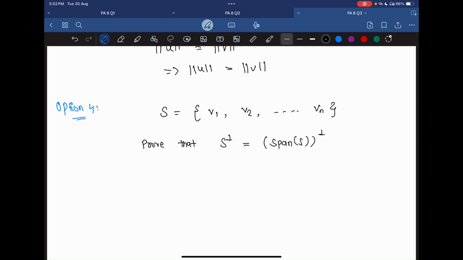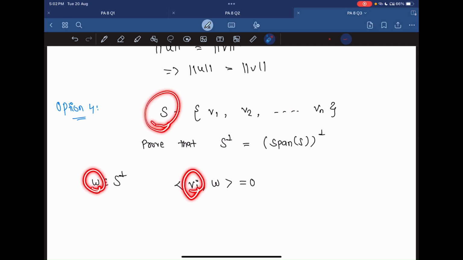That is, if let's say we have some vector w that belongs to S perp, then the inner product of any vector from the set S with w would be 0.